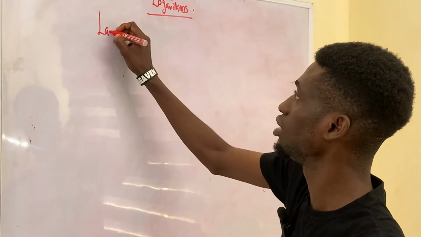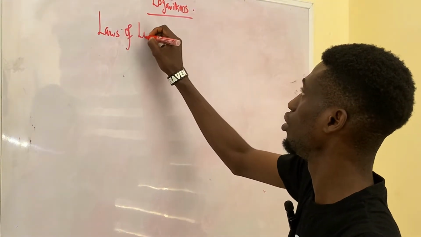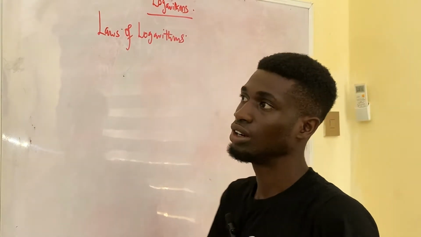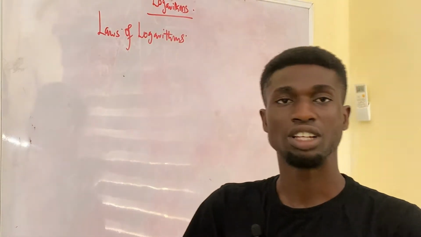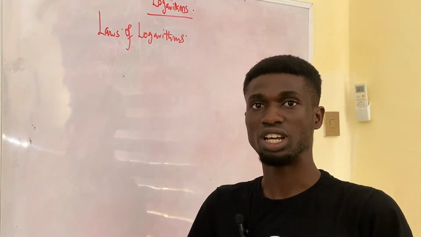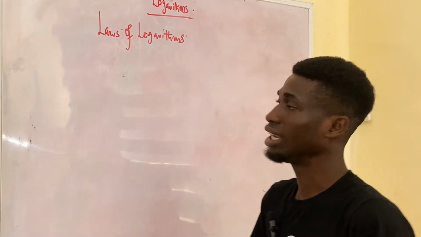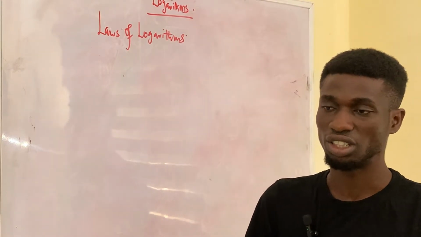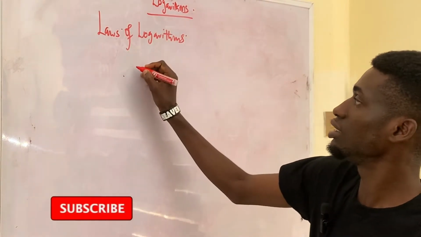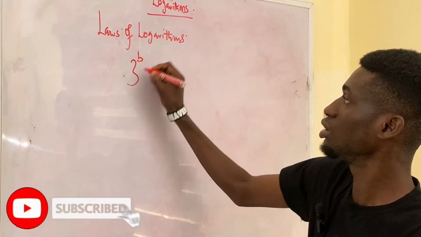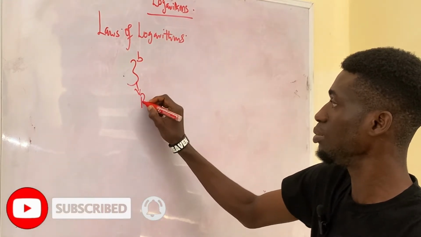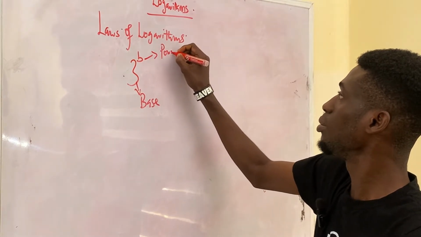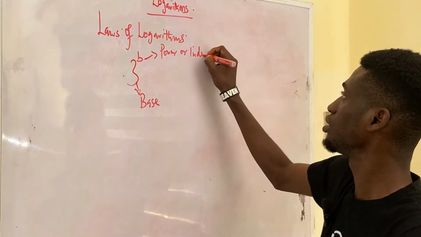Which stands as the laws of logarithm. Now, firstly, logarithm is another way in which indices are expressed. You can say logarithm is the opposite of indices. Since we know that indices is written like this, where we have this thing known as the base, then this b is known as the power or index.